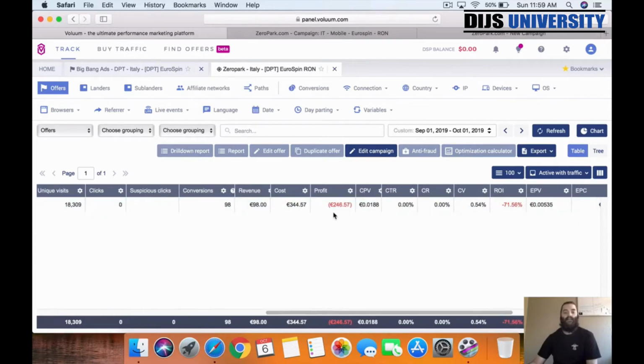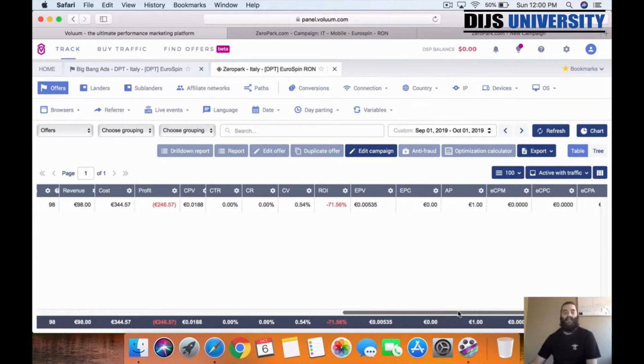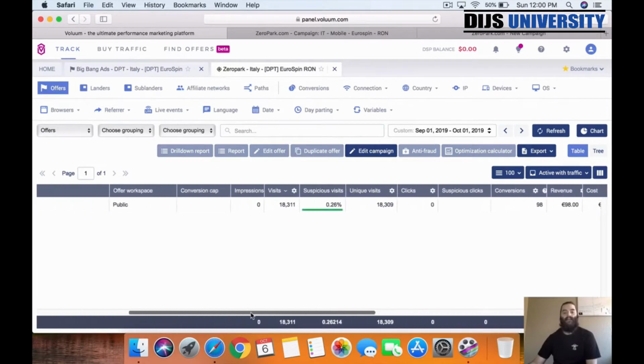So obviously we are clearly in the red, about 246 euros, and our return on investment is negative 71%. So this campaign didn't do too good. However, there was a lot of great data here, so let's take a look and break it down a little further.